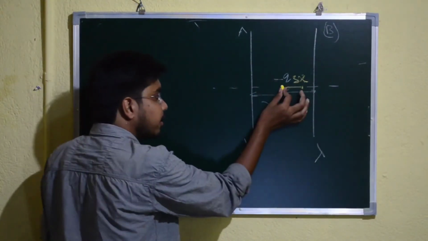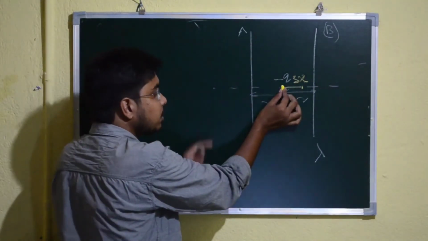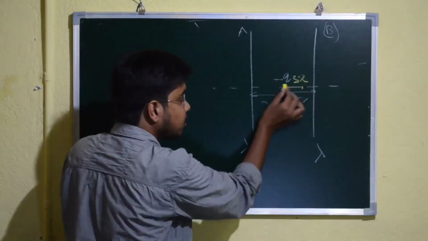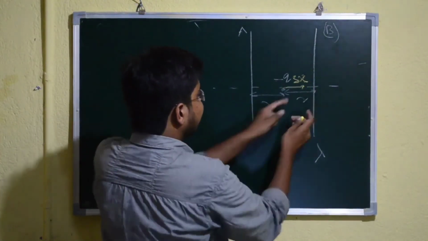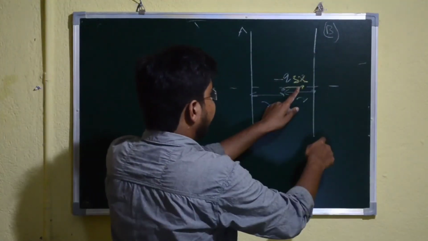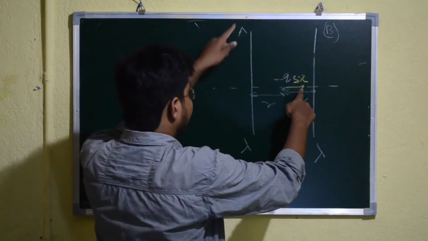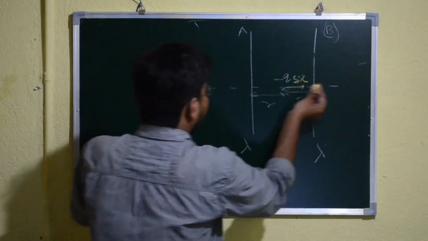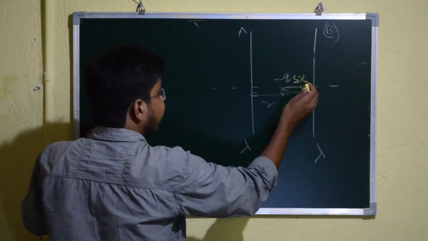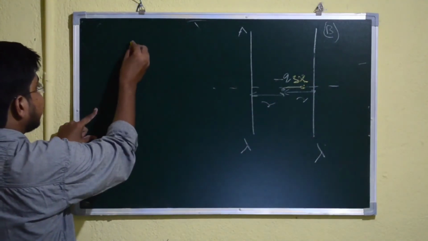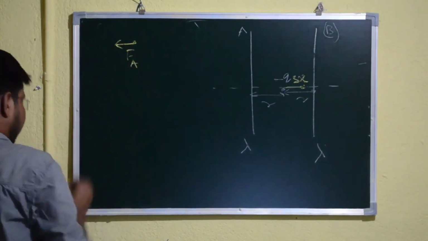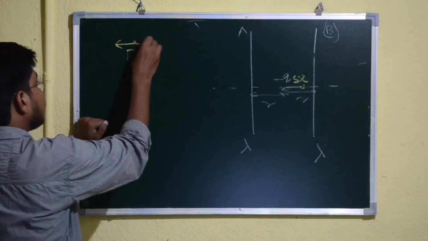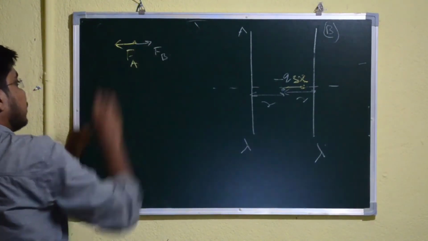Now what will happen? It is closer to B and farther from A. As we know for a negative charge, the force Fa will be towards the negative axis, and the force due to B is towards the positive x-axis.